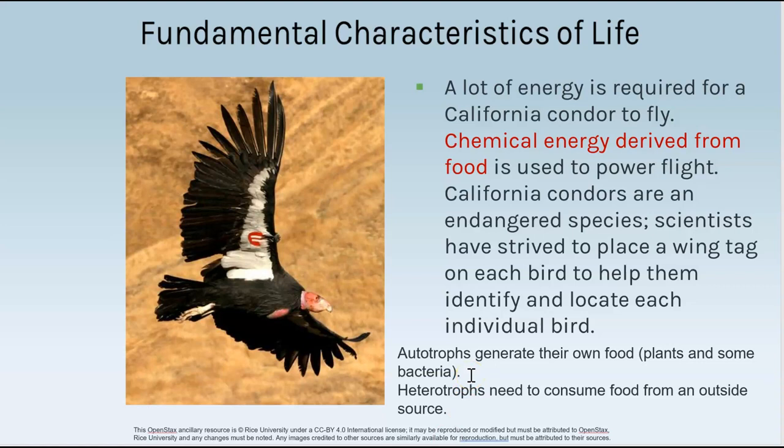Anything that is green, like plants, some bacteria, some what are called protists, which are things like algae, can photosynthesize and make its own food. Other organisms are heterotrophs, so we need to consume food from our outside environment.